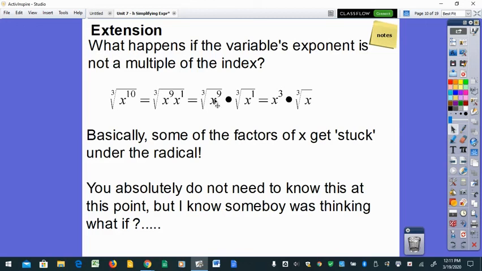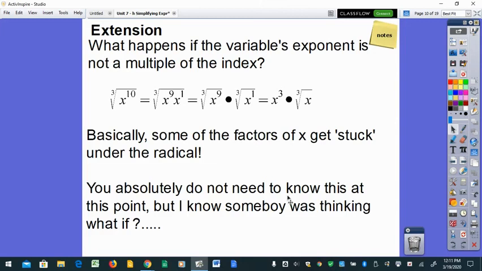So that cubed root of x to the 9th would simplify 9 divided by 3 to x to the 3rd. But this guy would get stuck under that 3rd root. So we'd have x to the 3rd on the outside, and that x to the 1st gets stuck under the cubed root. Basically, some of the factors of the x will get stuck under the radical. You absolutely do not need to know this at this point, but I know somebody was probably thinking, what if?